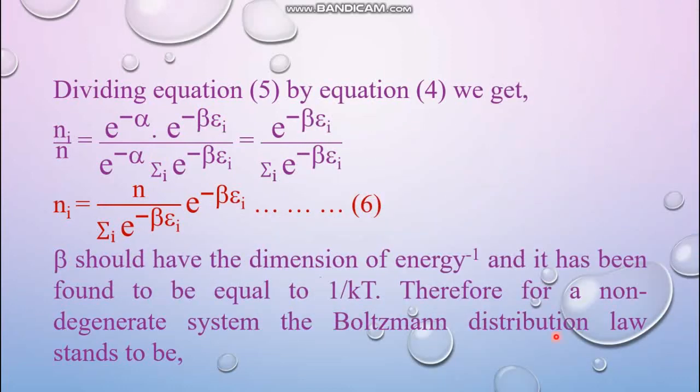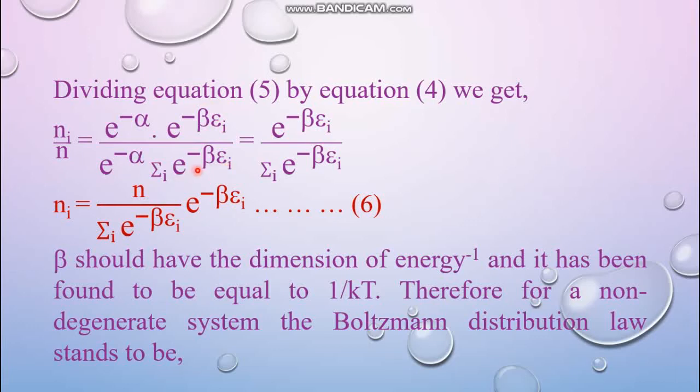Now divide equation 5 by equation 4. So what was the left hand side of equation 5? The left hand side of equation 5 was n_i, and the left hand side of equation 4 was N simply. Now the right hand side of equation 5 was e to the power minus alpha into e to the power minus beta epsilon_i, and the same for equation 4 was e to the power minus alpha, sum over i, e to the power minus beta epsilon_i.